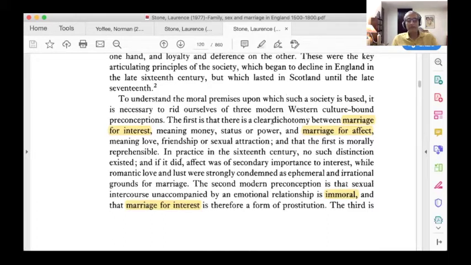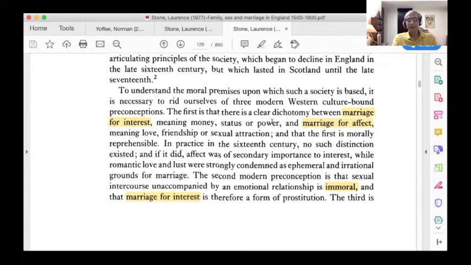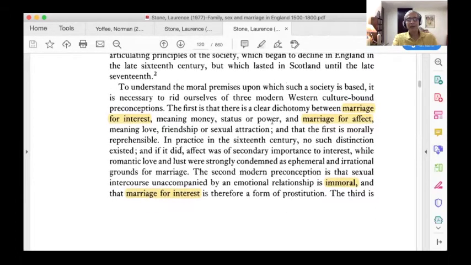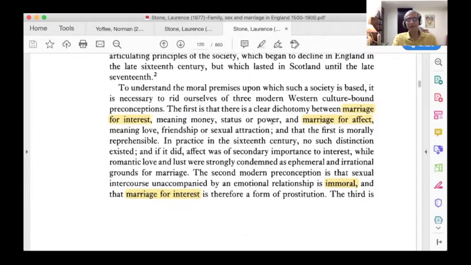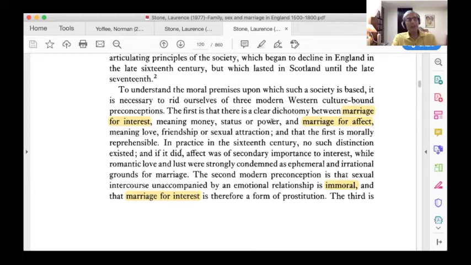And if it did, affect was of secondary importance to interest, while romantic love and lust were strongly condemned as ephemeral and irrational grounds for marriage. So relationships and marriage in particular formed around how to maintain certain property relations and certain lineage, right?